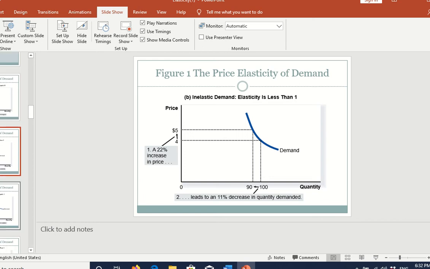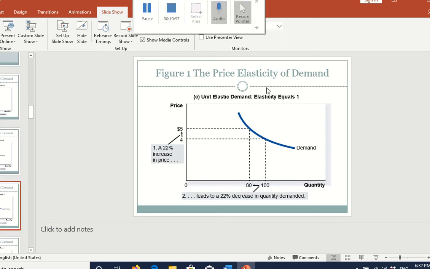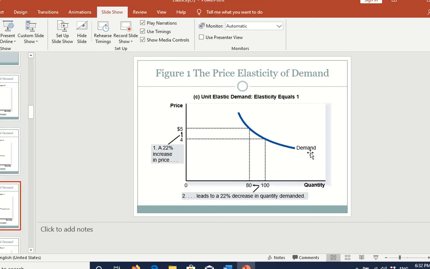And then we have a flatter demand curve. A 22% increase in price leads to a 22% increase in quantity demanded. So it's a one-to-one relationship, that's a unit elastic demand by definition. So the price elasticity of demand is equal to 1.